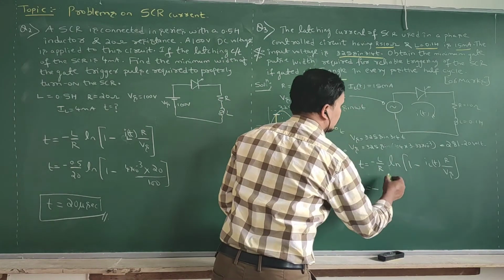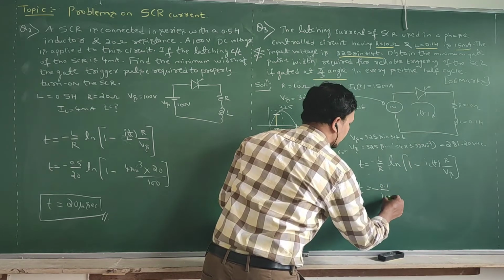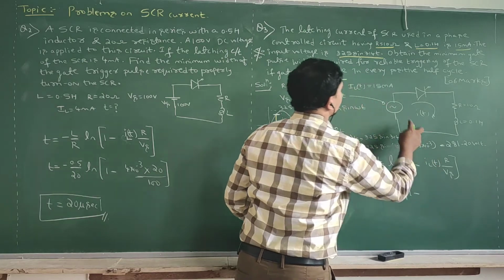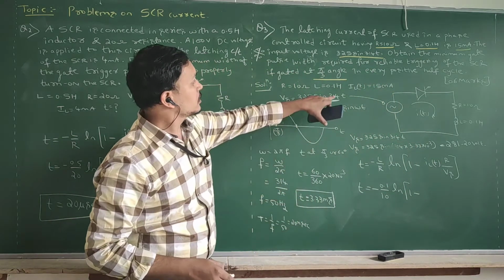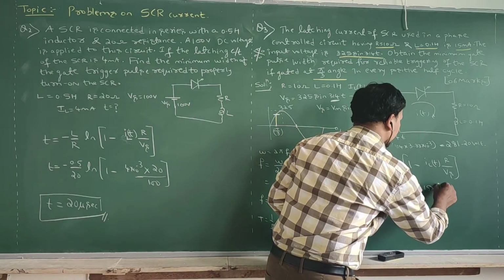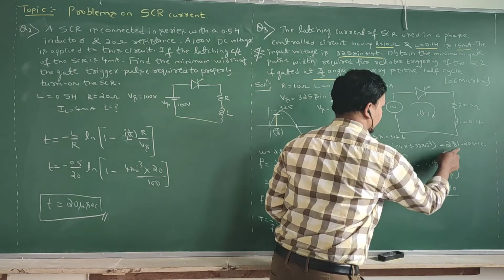What is the L value in the problem? 0.1 divided by what is the resistance? 10 ohms into Ln 1 minus what is the latching current given in the problem? 15 milliampere. So 15 into 10 to the power of minus 3 into what is the resistance value? 10 divided by what is Vs?